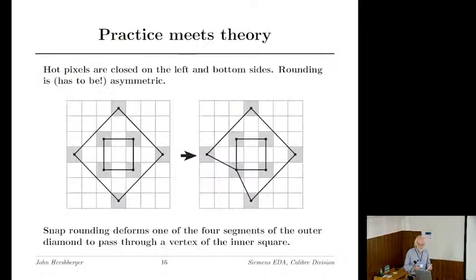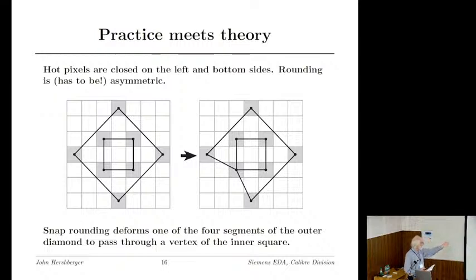Anyway, moving on. As this new implementation became more widely adopted, differences from the old method began to be noticed. Here's one example. Hot pixels are closed on the left and bottom sides and open on the right and top sides, which means that rounding has to be asymmetric.